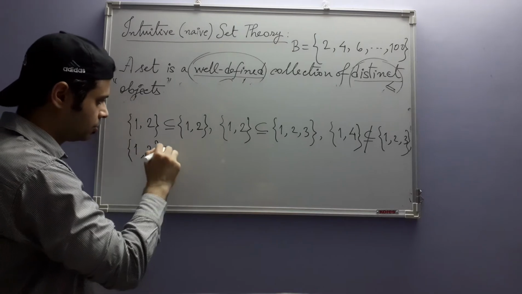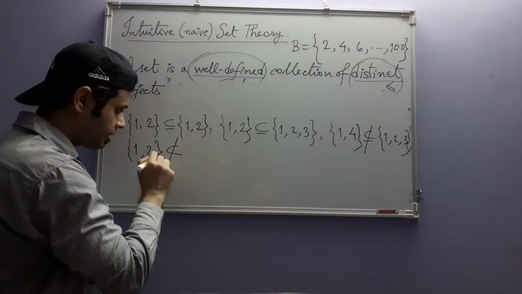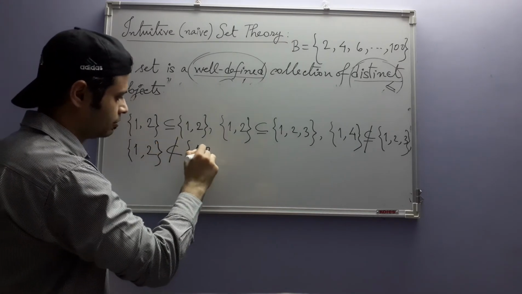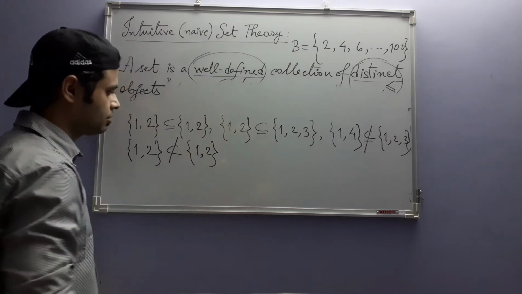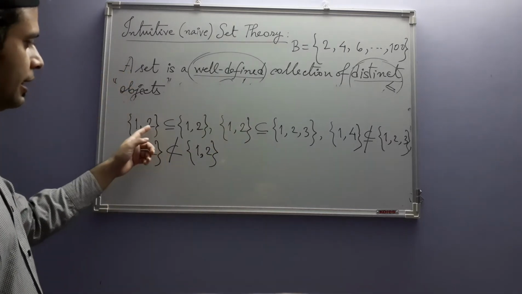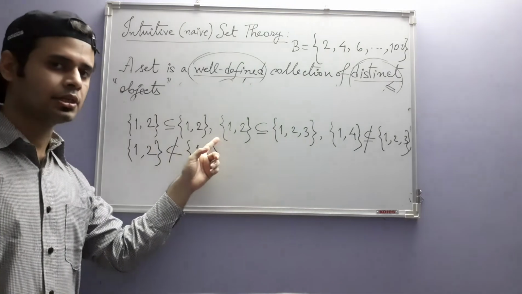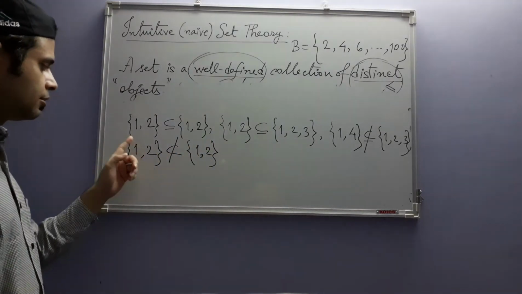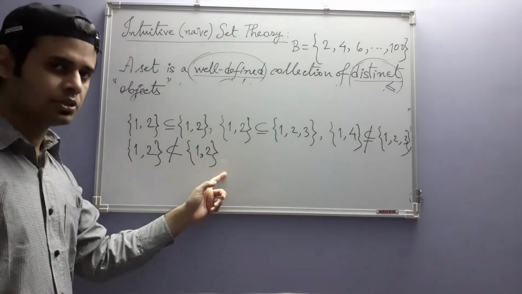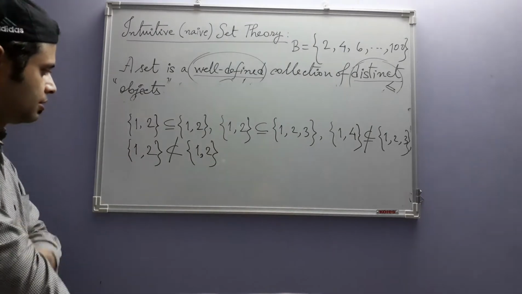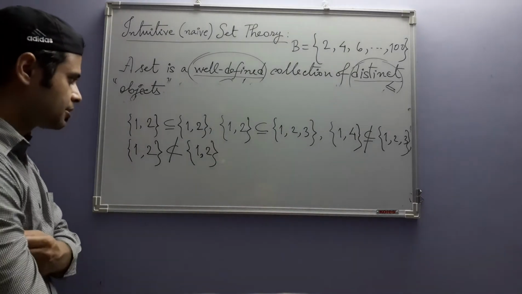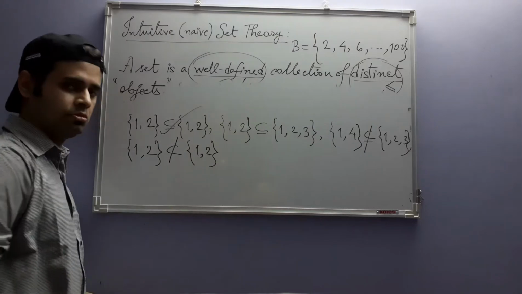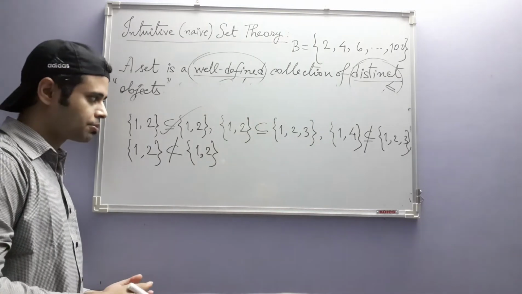{1, 2} is not a proper subset of {1, 2}. You see the relation when it comes to subset, every set is a subset of itself. However, no set is a proper subset of itself, because for being a proper subset, this condition has to be true.